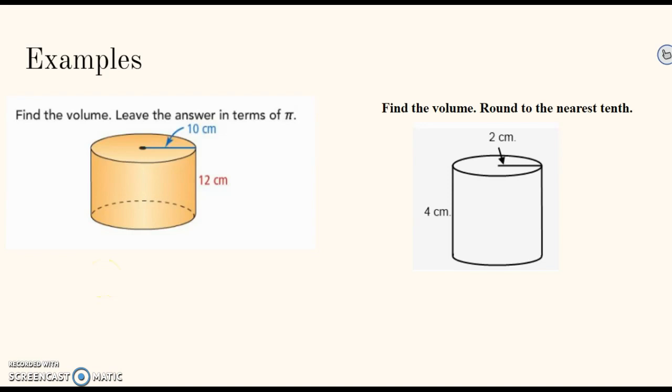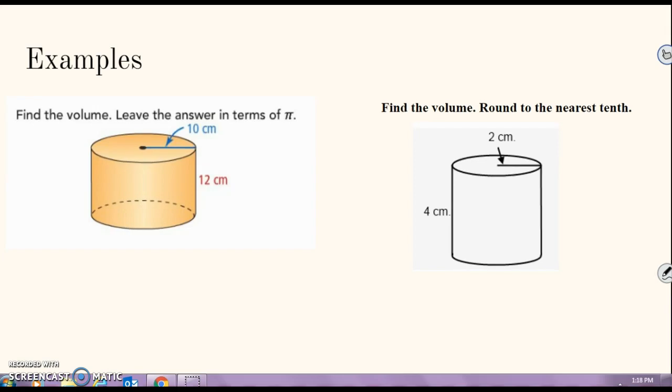Let's look at these two examples together. Number 1 says find the volume, leave in terms of pi. We're going to first use our formula, volume equals pi r squared times height. We're going to keep pi, because it says to leave our answer in terms of pi, times the radius.